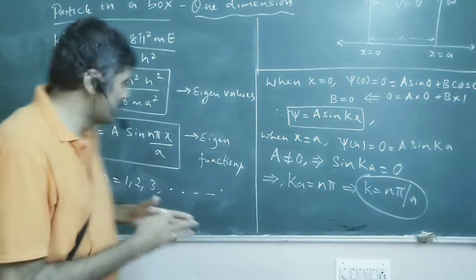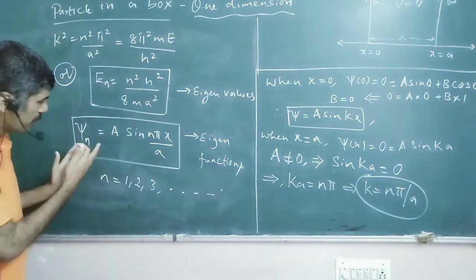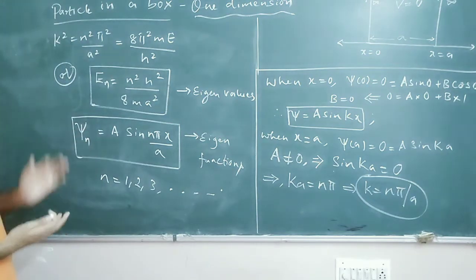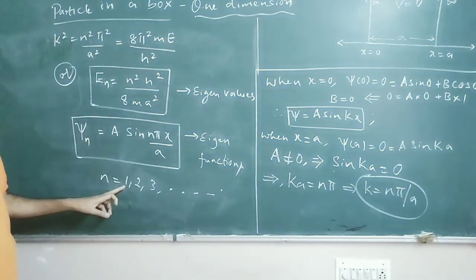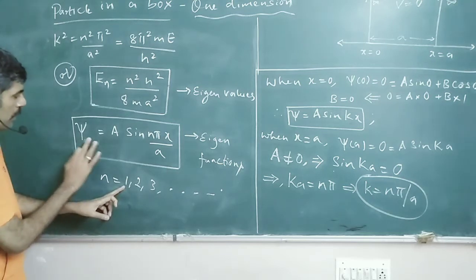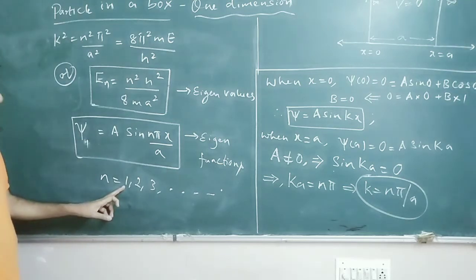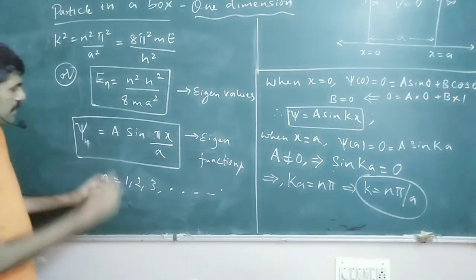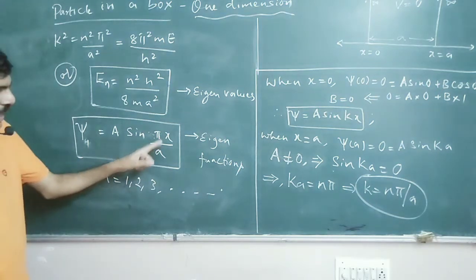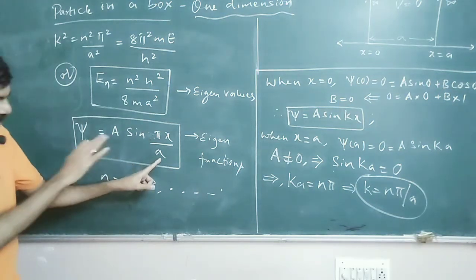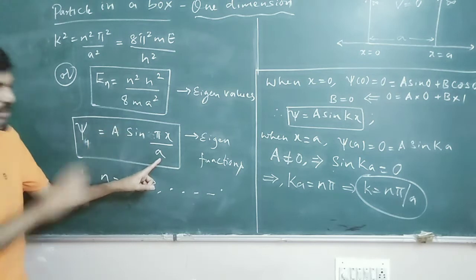You can clearly see by the nature of psi that we have obtained. For example, when you put n equal to 1, the first wave function obtained can be written as a sin pi x by a. This is one solution, one wave function.